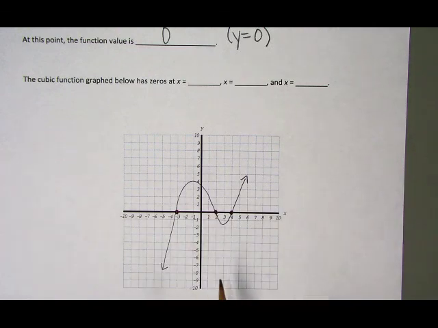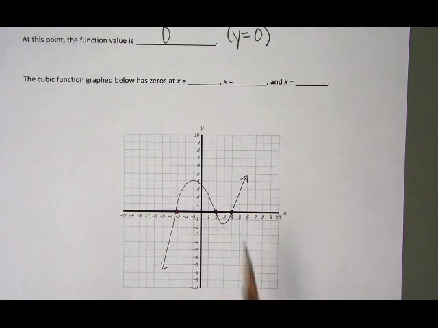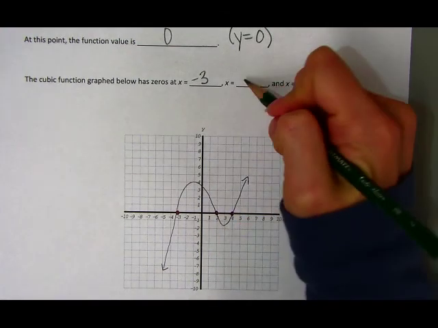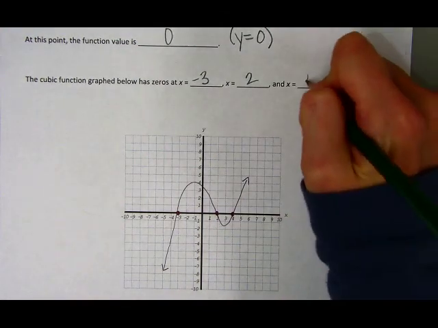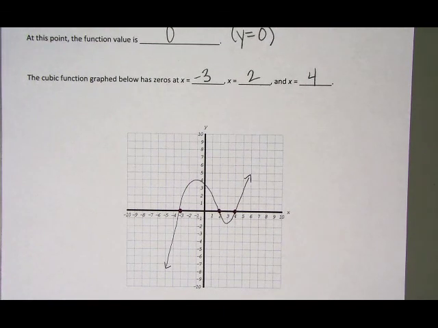The graph in front of you has 3 zeros because it crosses your x-axis in 3 different spots. The 3 different spots are -3, 2, and 4. So you have 3 different values of x where your graph crosses your x-axis.